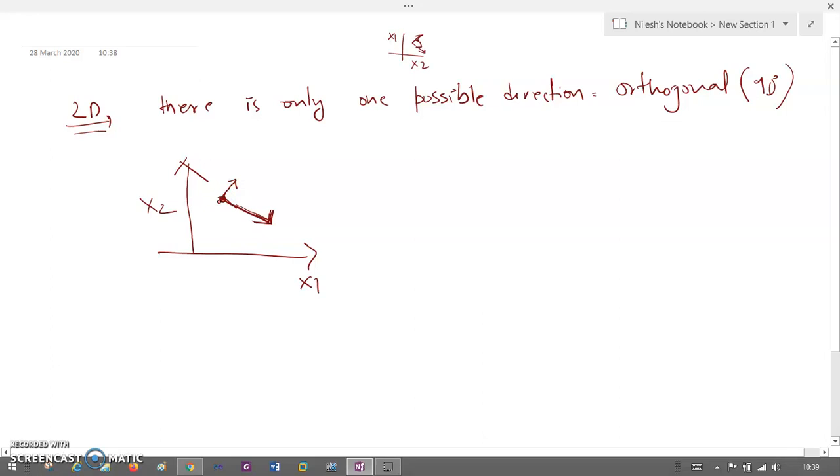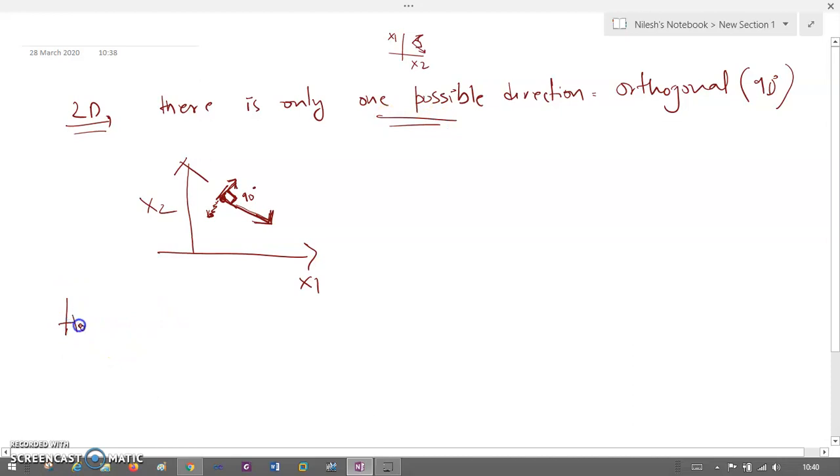Okay, maybe there is another way I can do that, but maybe maximum variance is not available in this direction, so I cannot do that. So there are only two possible ways, but let's say this is the only orthogonal direction, and this is 90°, and this arrow is orthogonal to the first direction, and that's why we have only one possible direction.